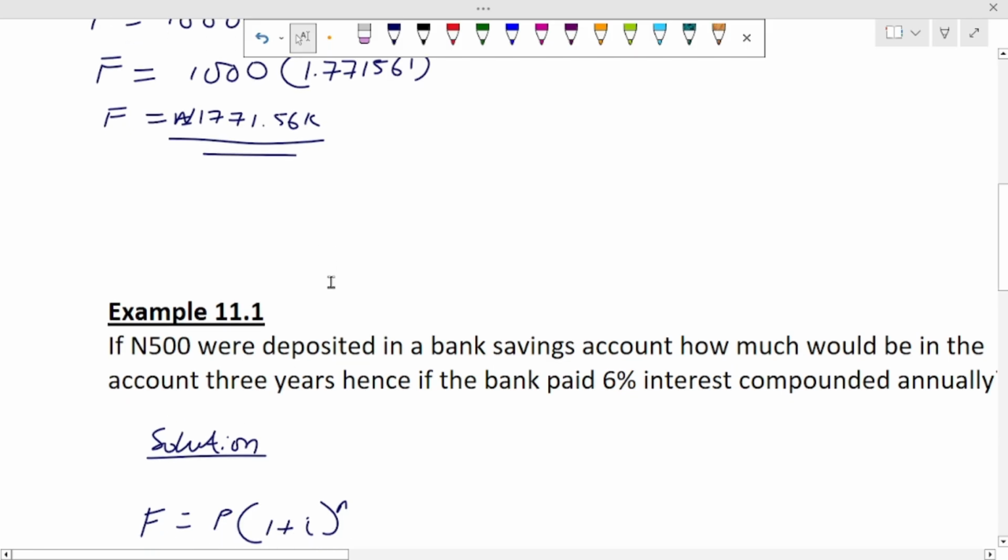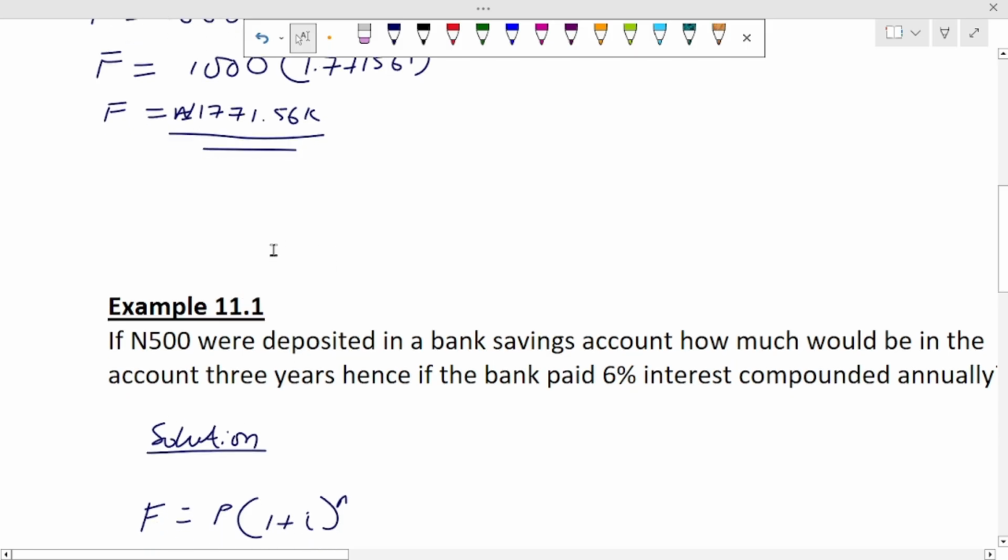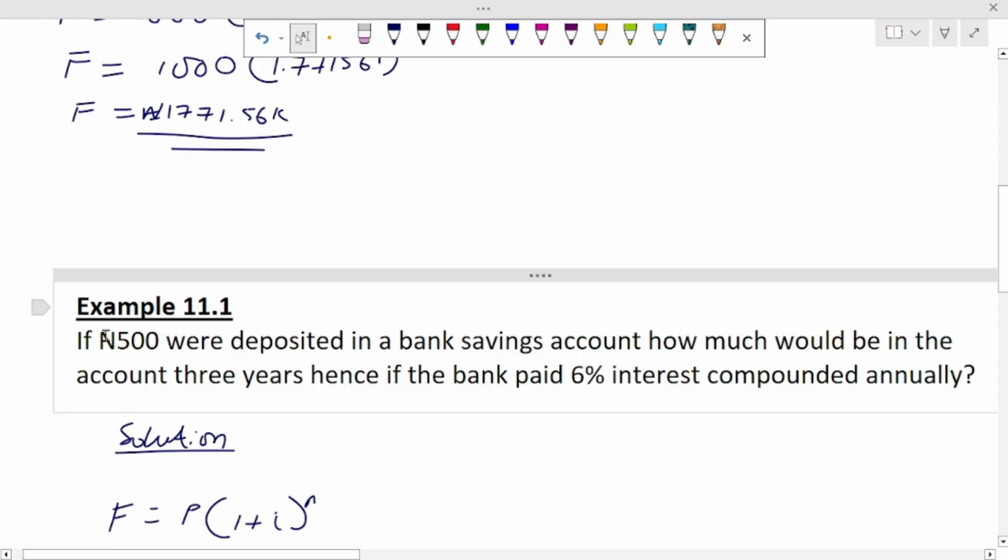So the next example says, if 500 naira were deposited in a bank savings account, that means this is the P. Just always try to identify what is what. So if this were deposited, that means this is P. In a bank savings account, how much would be in the bank account in 3 years?